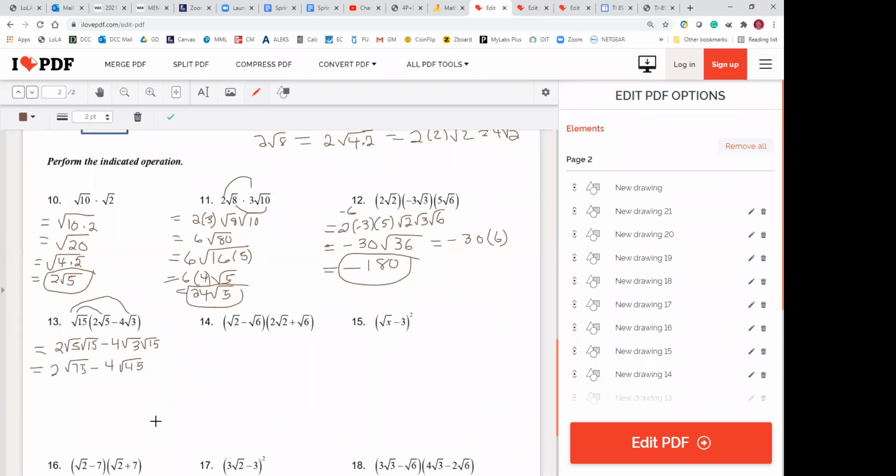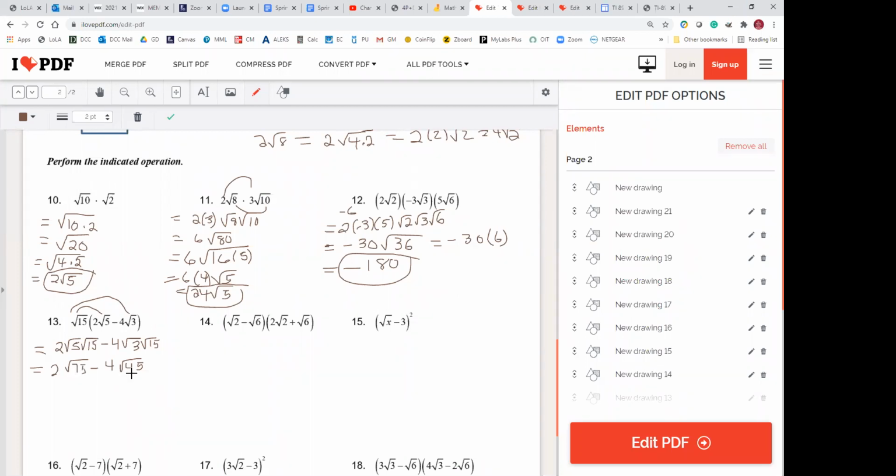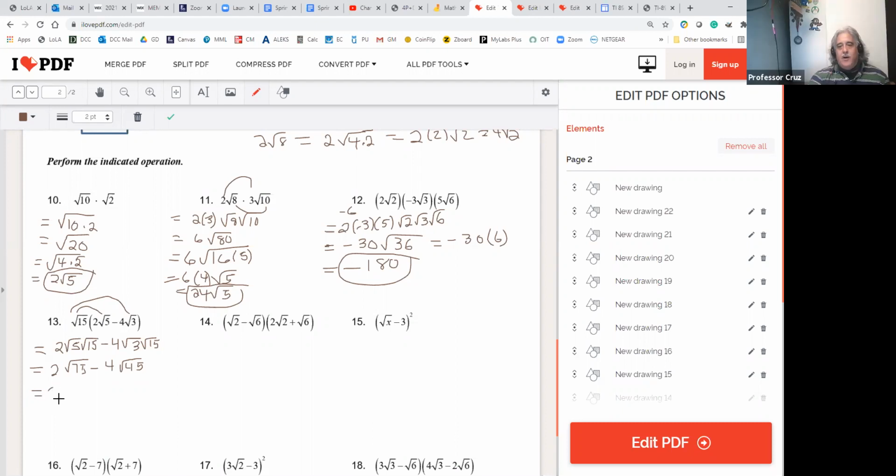What can we do now? Can we do anything else with these? You can break down 75 as 25 times 3. Yes, that's exactly right. Now you have to watch here, because this is not like ones you've seen before. For example, if you tried to take the 3 into the 45, you're going to get 15, which is not a perfect square.